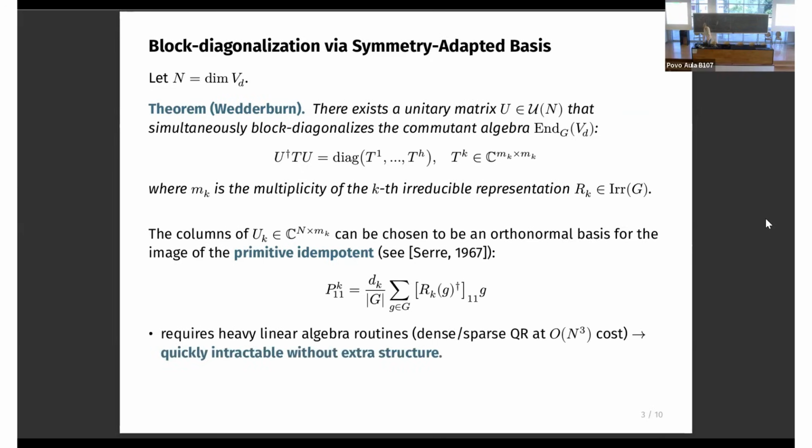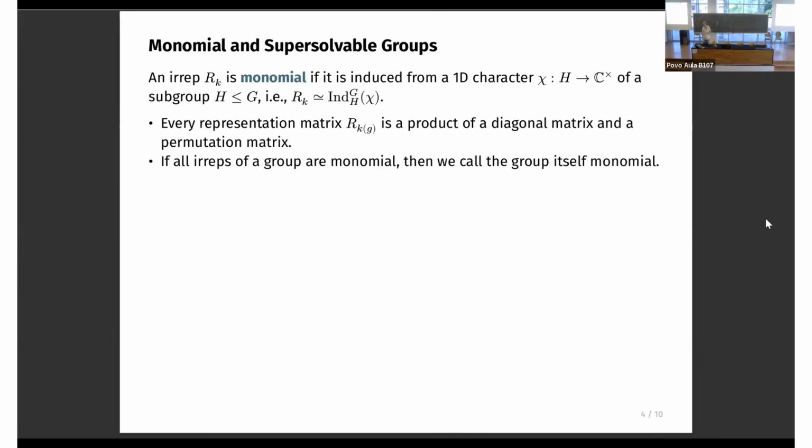Yeah, exactly. And then, of course, once you've found your basis, you still have to produce the blocks, which is, again, if you're unlucky, huge dimensional dense matrix multiplication. So that's also not going to work usually.